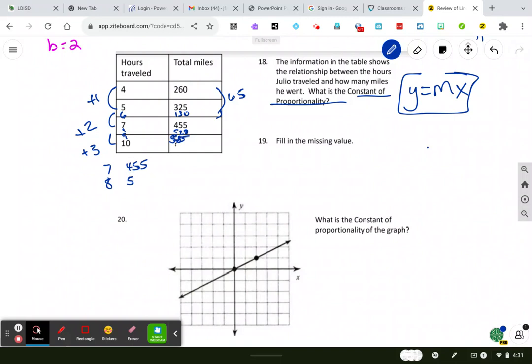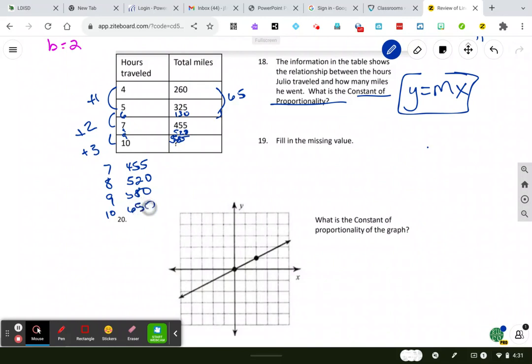Let's do 455 plus 65. Oops, not 29,000. 455 plus 65 is 520. Plus 65 is 580. So that's 9 hours. And then we know that 10 hours plus another 65 is 650.